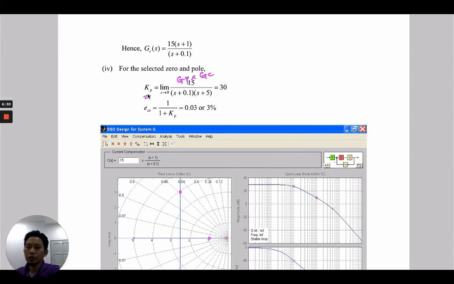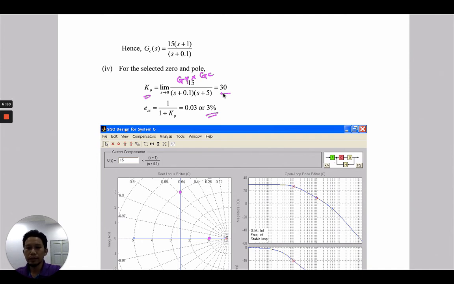So we get 15 over (S plus 0.1)(S plus 5). Then we can find the steady state error, 1 over 1 plus Kp, which is about 3%. So we have obtained 3%, which is less than the 5% requirement.